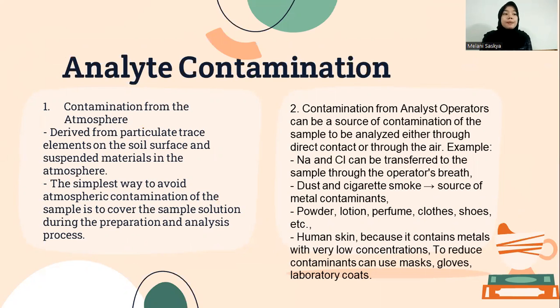The simple way to avoid atmospheric contamination of the sample is to cover the sample solution during the preparation and analysis process. Contamination from the analysis operator can be a source of contamination of the sample to be analyzed, either through direct contact or through the air.